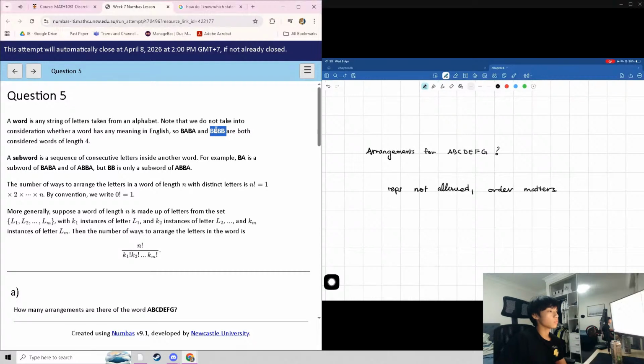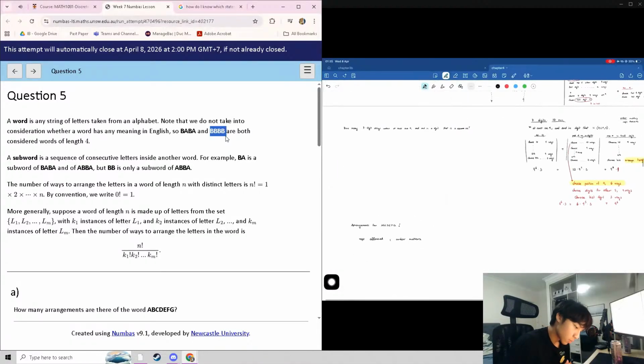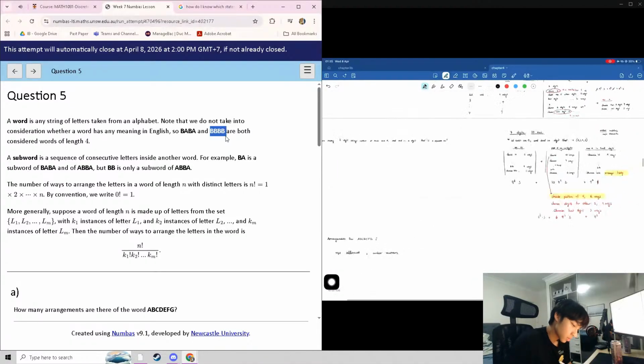But it says here words, so repetitions allowed, and order matters.